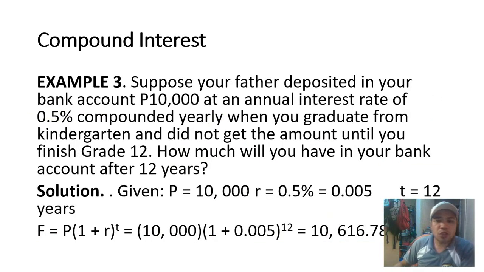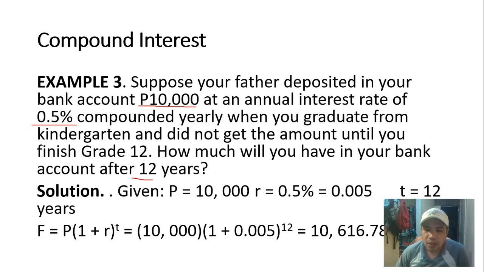Number 3. Suppose your father deposited in your bank account 10,000 at an annual interest rate of 0.5% compounded yearly when you graduate from kindergarten and did not get the amount until you finish grade 12. How much will you have in your bank account after 12 years? So, you were given 10,000 in the bank with 0.5% compounded yearly and kept there for 12 years.